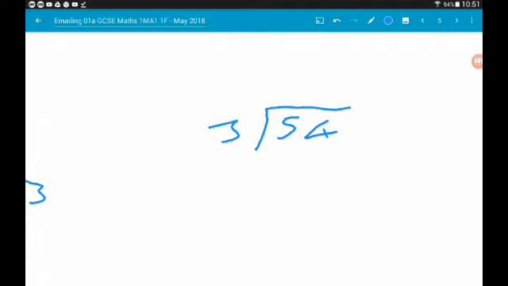54 divided by 3. 3 goes into 5 once, with a remainder of 2. And then 3 goes into 24 8 times. So 54 divided by 3 is 18.